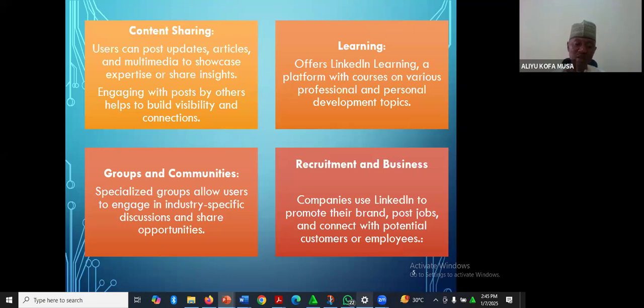Another key is groups and communities, which specialize, allowing users to engage in industry-specific discussions and share opportunities.